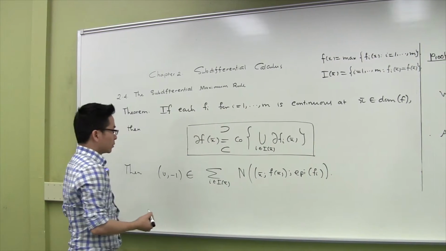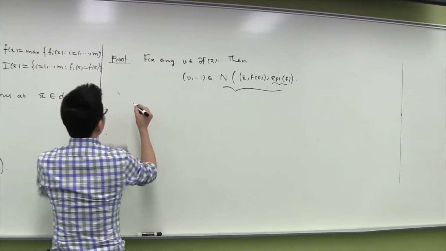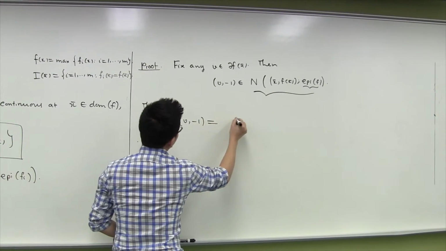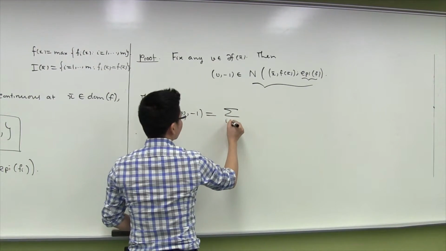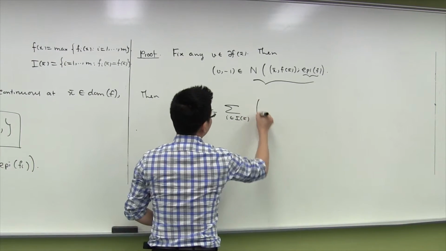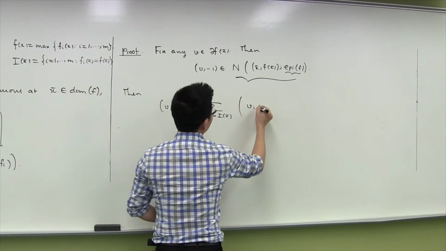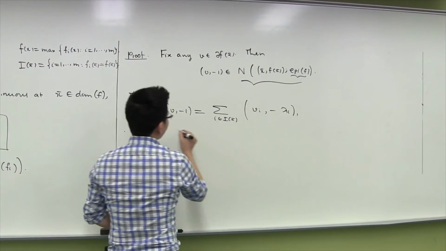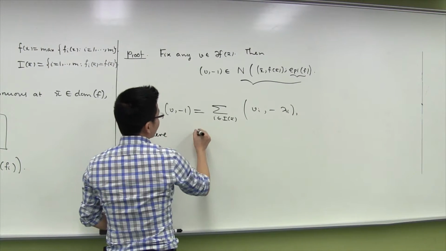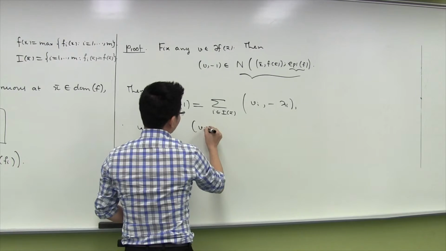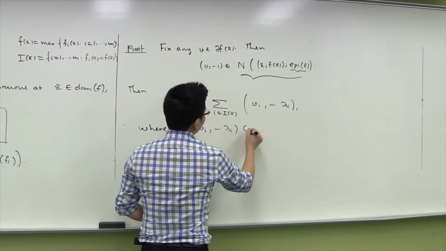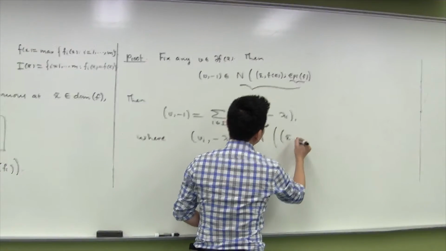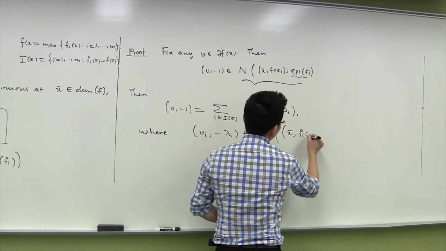Okay, so from this representation, v minus 1 can be written as the sum where i runs in I of x bar of vi minus lambda i, where vi minus lambda i belongs to the normal cone to the epigraph of the function fi at x bar, fi of x bar.